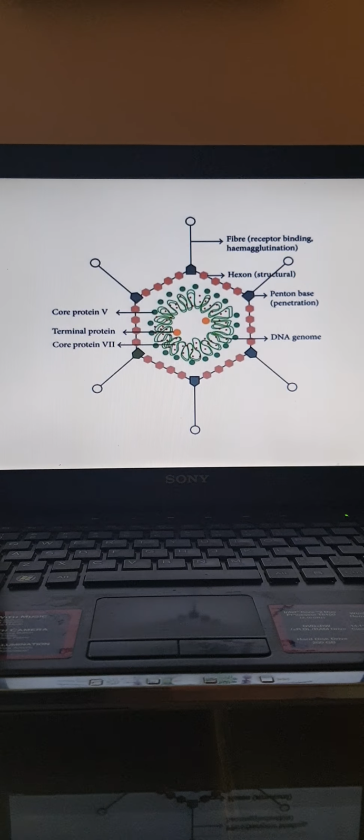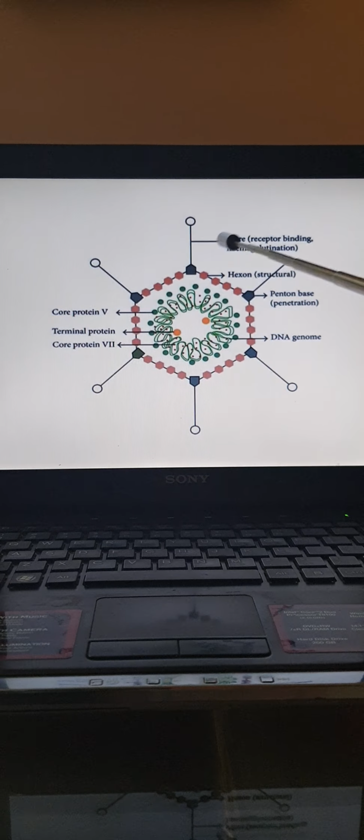This is the structure of adenovirus. If you can see, it has an icosahedral symmetry. It has a DNA genome. Here is the DNA genome, and if you can appreciate, these are the penton bases, and anchored on this is a fiber-like structure which is rod-shaped and has a knob at the distal end.